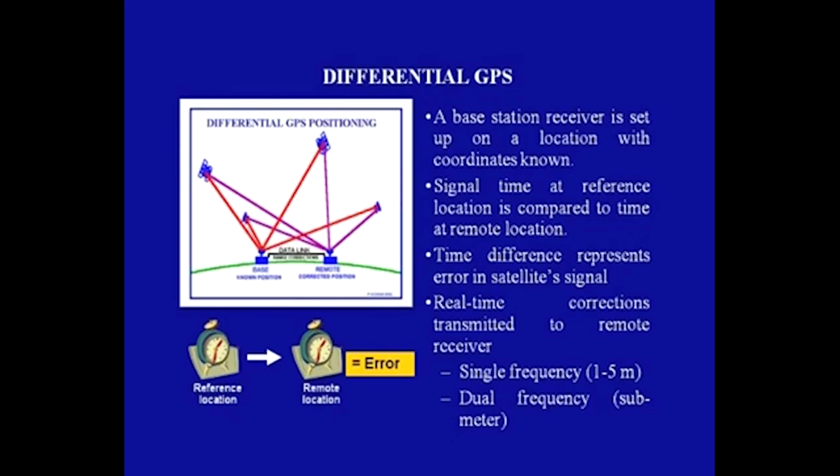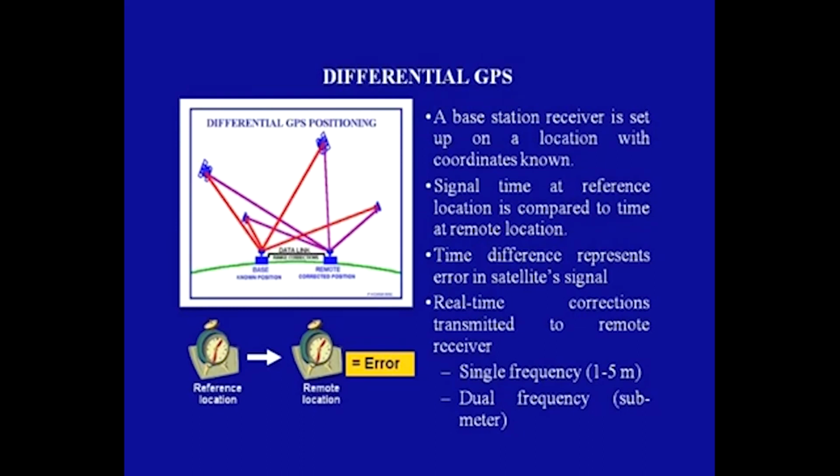In this slide, a general configuration of differential GPS positioning has been shown. One can see that one GPS receiver has been placed at a known position, which we call the base station, and the second GPS receiver has been placed at the unknown point, and this is known as the remote location. Between these two GPS receivers, there is a data link, so that range corrections can be carried out.